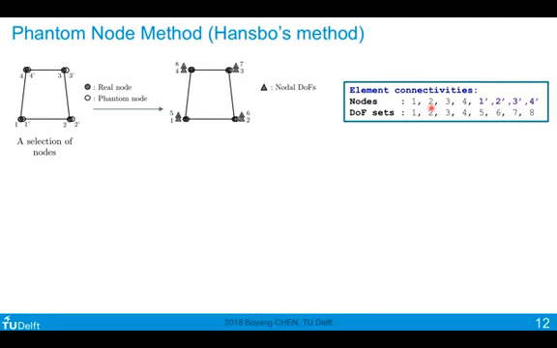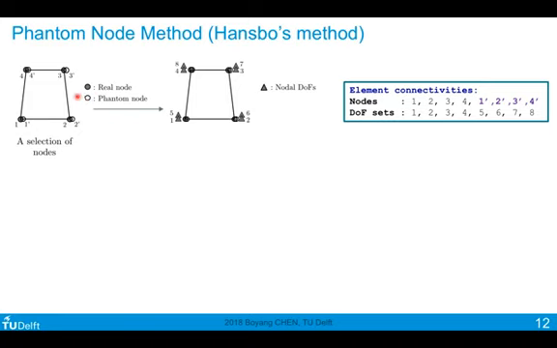Here we have, instead of 4, which is the usual case with the standard finite element method, 8 sets of degrees of freedom. Conceptually, however, there is a difference. We have the original 4 nodes, and also we allocate 4 so-called phantom nodes to the element definition. Now each node is still the same node as before, which means that each node has the same single set of degrees of freedom allocated to it.